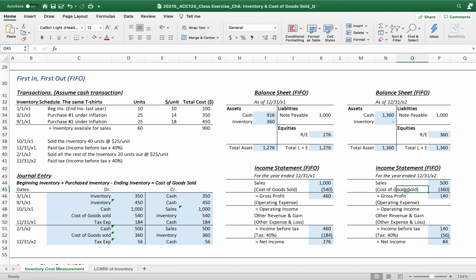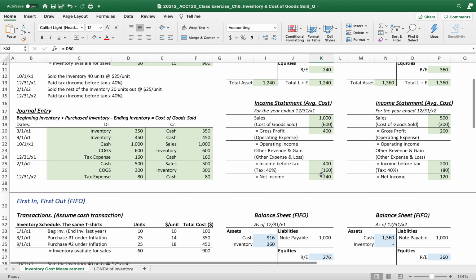But the second year cost of goods sold is 360 from this ending inventory, the remaining inventory, which is the expensive one, right? So 360 turns to the cost of goods sold the next year, assuming that we sold every rest of this inventory. That also affects the tax amount.